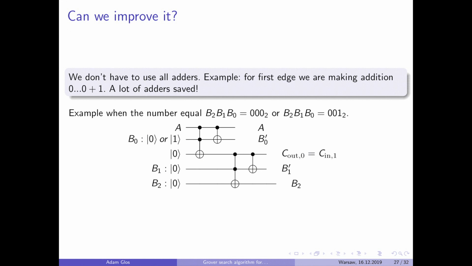Secondly, we can skip some operations when adding numbers. This is slightly more complicated. So suppose that we know that B0, B1, B2 is either all zeros or 0, 0, 1. Toffoli applies not only if these two bits are 1, but we know that this bit is 0. So this gate won't do anything.